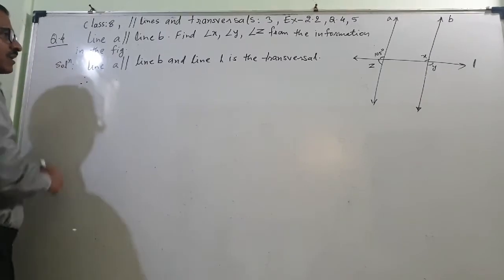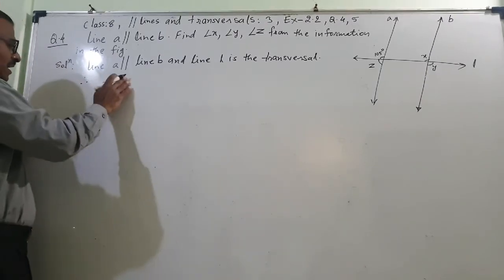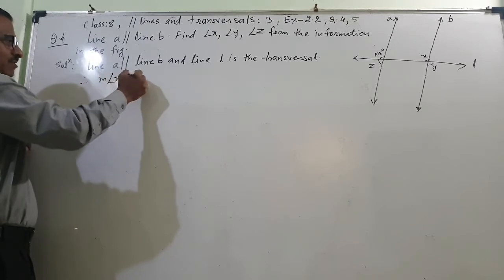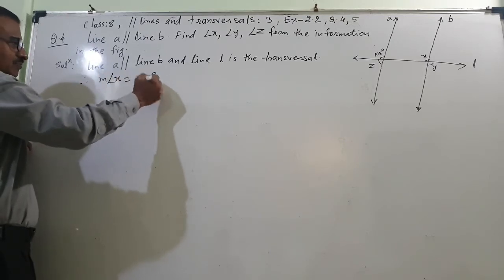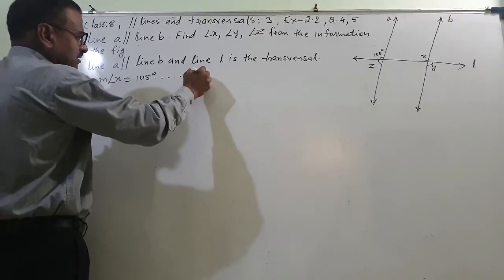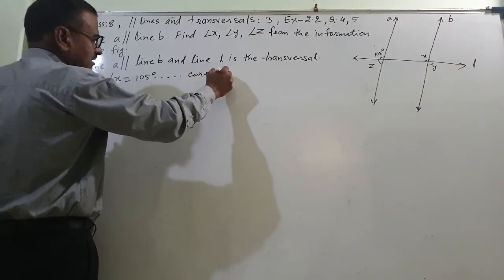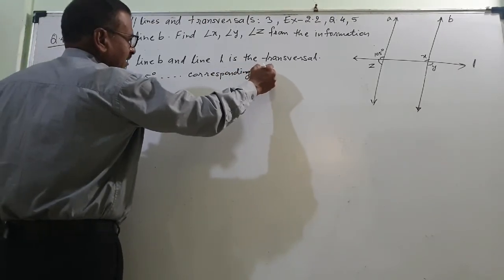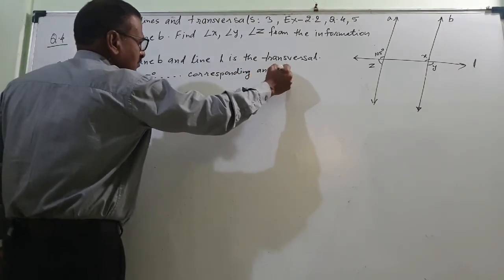Therefore, measure of angle X is equal to 105 degrees. Reason is what? Corresponding angles. This reason is important.